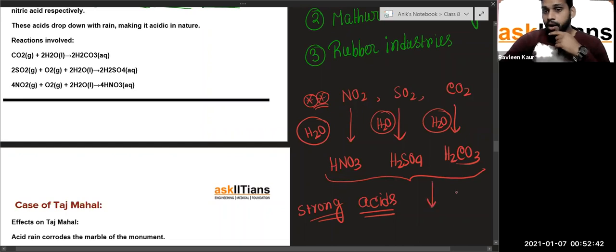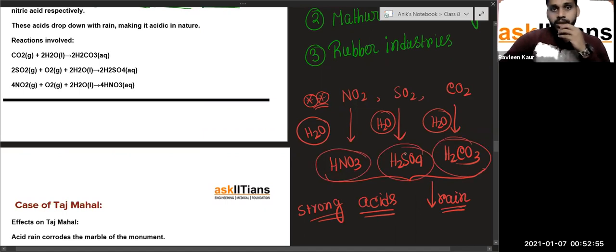So you are standing in the rain, and actually what is coming down with the rain is these acids. So what would happen if you went out in this type of rain? You would get burnt, right? So we don't want that. If you keep on polluting our air, this is what can happen to us. I think you can understand how severe it is.